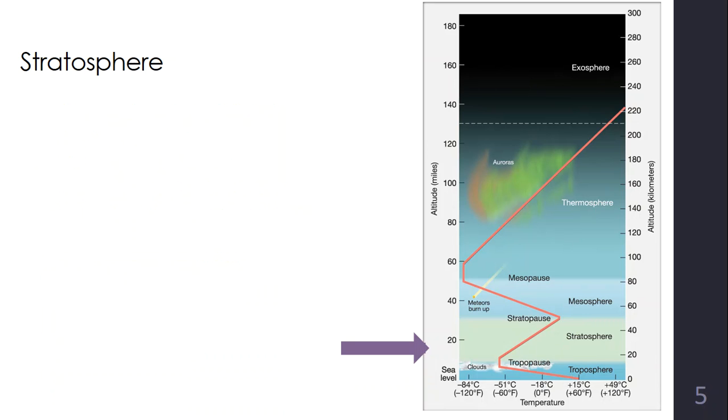The next layer is the stratosphere, not just something to visit in Las Vegas. It goes from 7 to 31 miles above sea level. For most of us, this is the only other level of the atmosphere that we interact with, and this is when we fly in an airplane, you wind up in the stratosphere sometimes, when you go above the clouds.